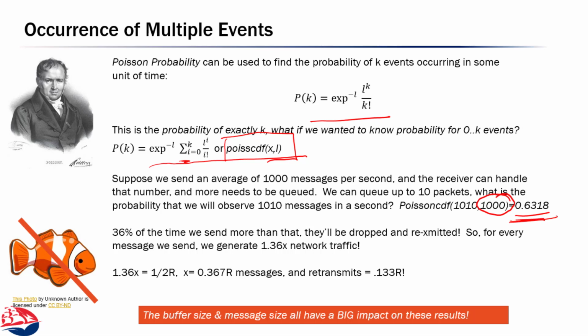And you'll notice that if you really want to handle this, we've got to make sure that we're well below the maximum. In fact, the Poisson probability gets us to the rule of 10, which means the departure rate should be 10 times the arrival rate to make sure that we never have an overload in the queue, in the buffer.